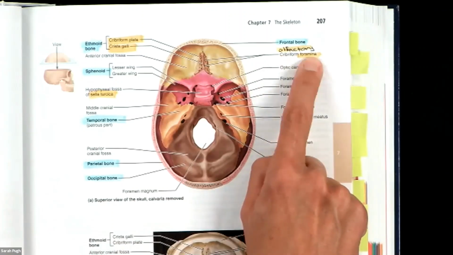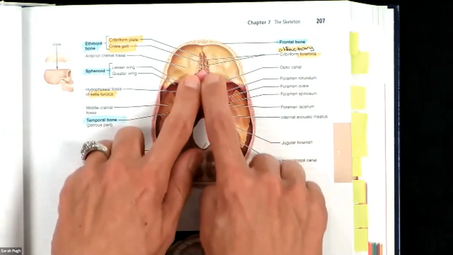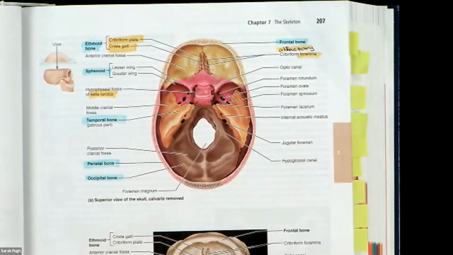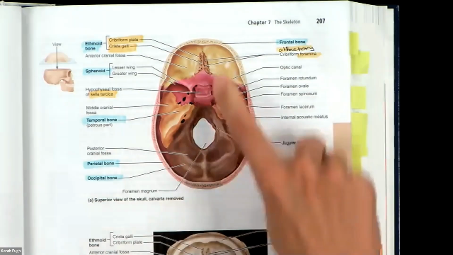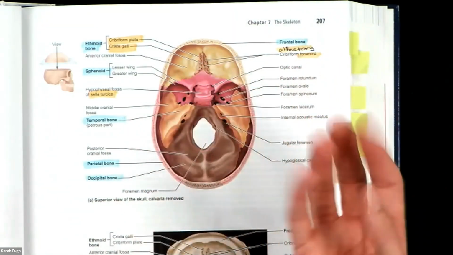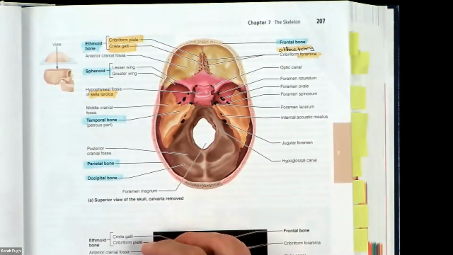I call them olfactory foramina. Remember, foramen is a hole. Foramina is plural, it's holes. So the olfactory foramina are little holes in the cribriform plate that allow little nerve roots to penetrate down through the bone and into the nasal cavity. Because what is sitting right underneath here is the nasal cavity. And so this allows you to pick up the sense of smell.